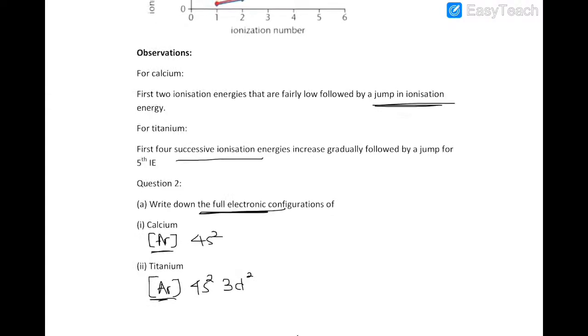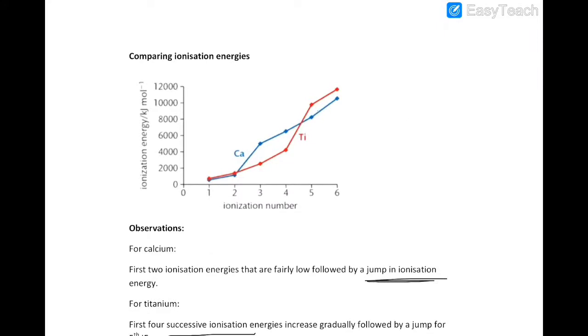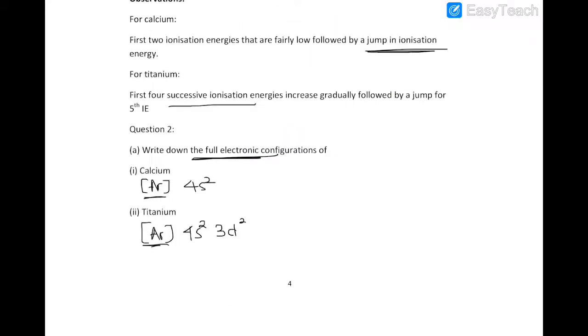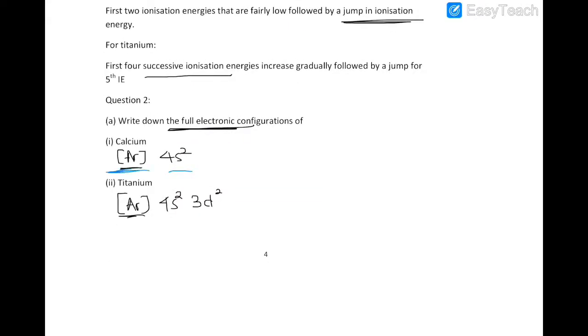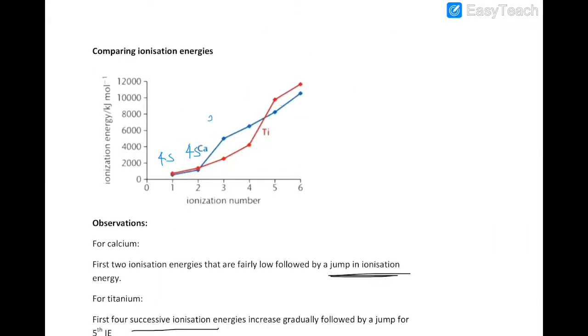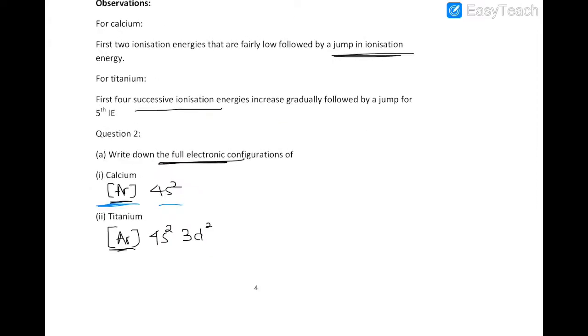So here, if you look at calcium, the first 2 electrons from calcium are from the 4s and 4s again, and then the third electron, when it's being removed, is being removed from the 3p that is inside.